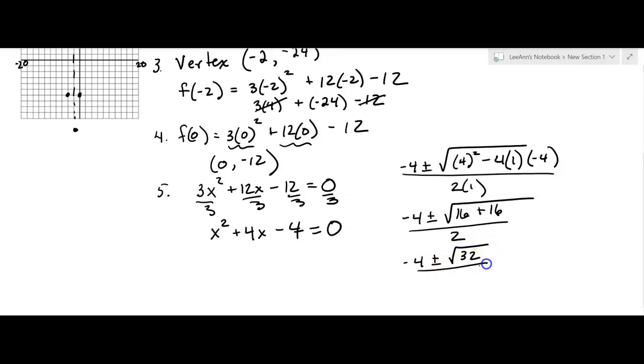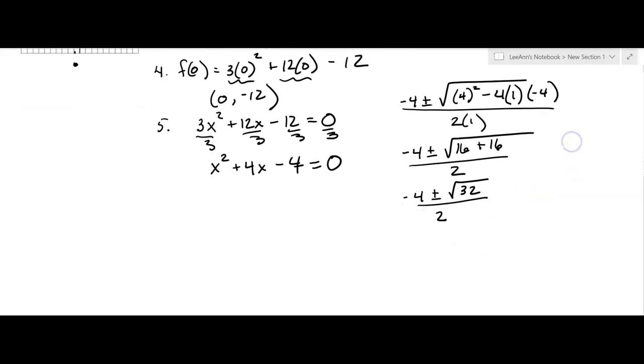So they are real numbers, over 2. Now 32 is 16 times 2, so it's going to be 4 times the square root of 2 over 2. And then if I factor out a positive 2, I get negative 2 plus or minus 2 square root 2.